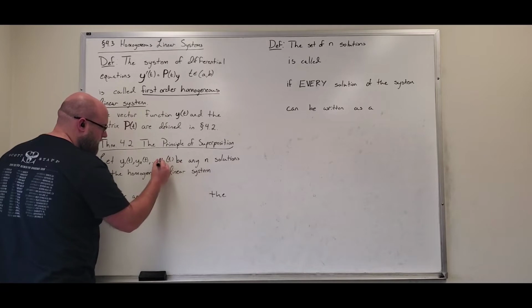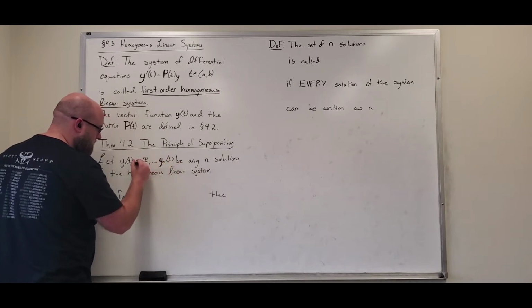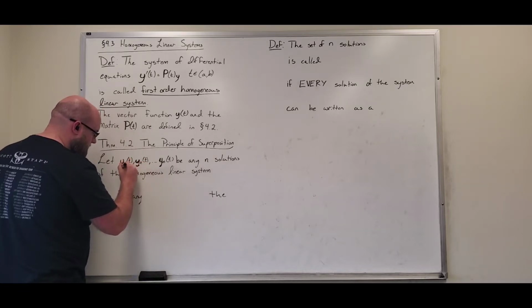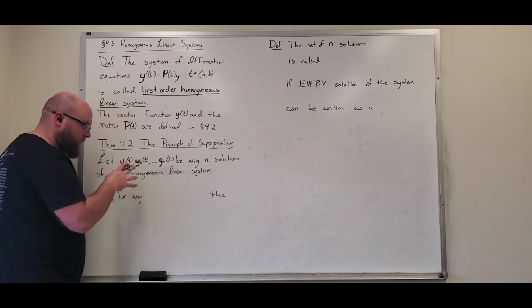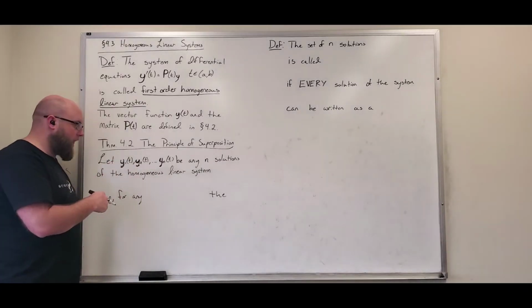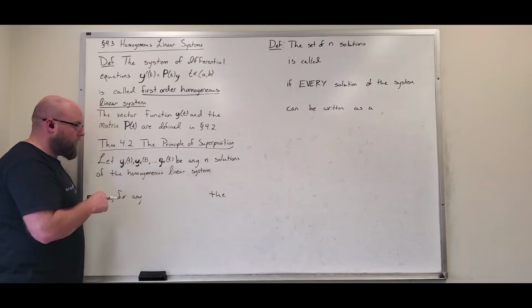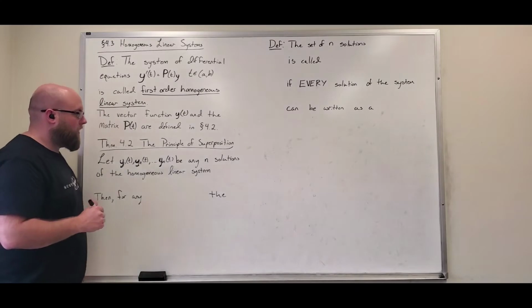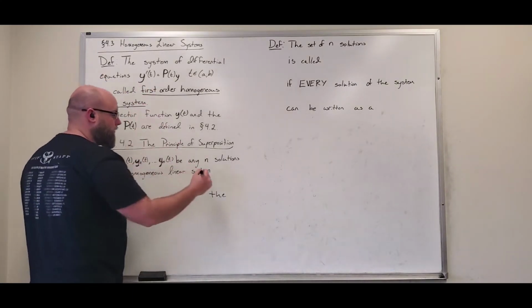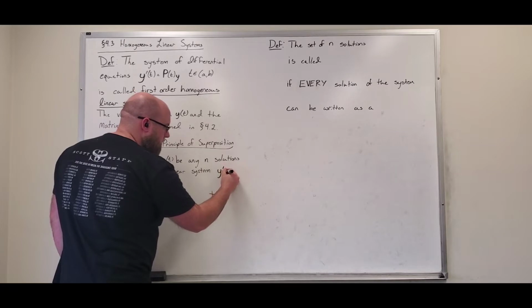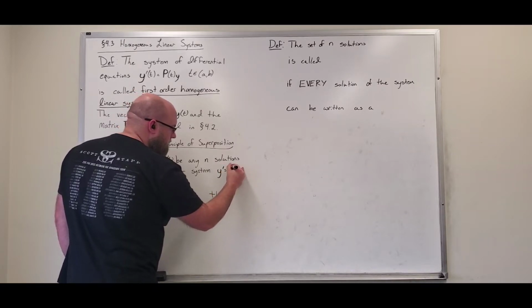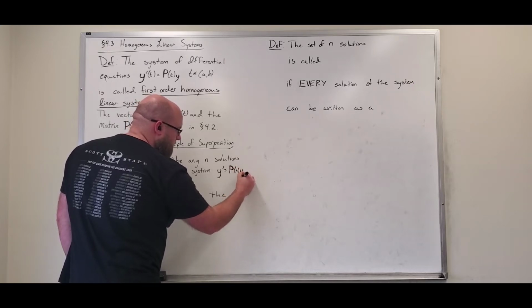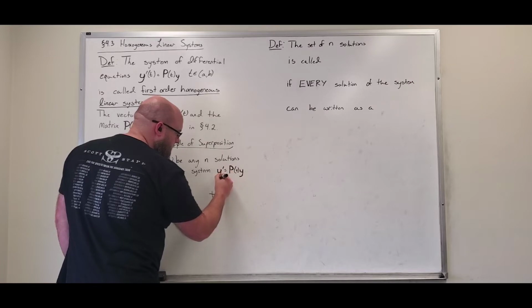These are going to be bolded because these are still vector functions. These guys have multiple functions attached on the inside of them. So these again are vectors. We're going to let these be any n solutions, so there's n of them, of the homogeneous linear system, which we've defined up here as well. So it's everything satisfying this particular system here.